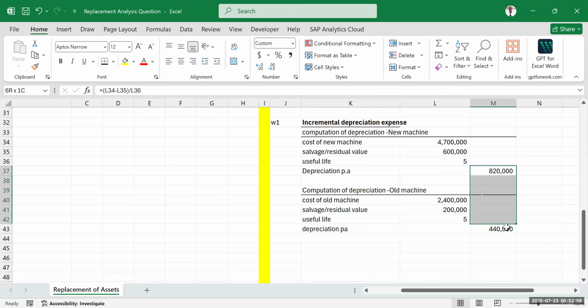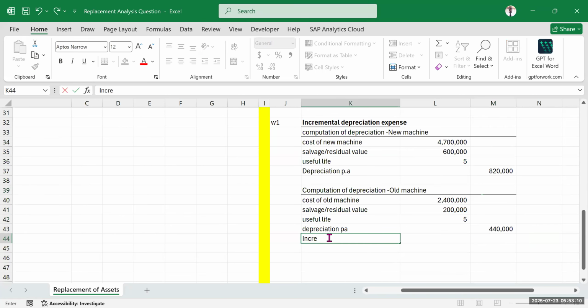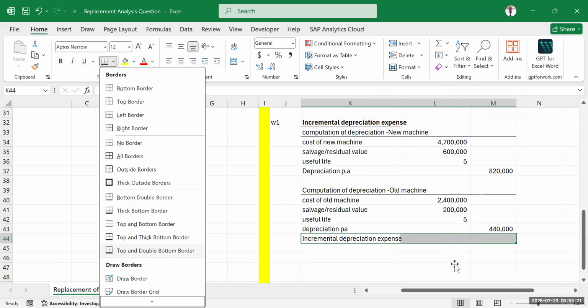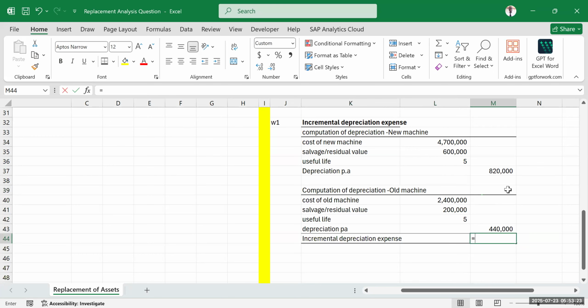Now we compare these two depreciations on the two machines to see by how much our depreciation expense is going to shoot up, going to increase. That's what we call incremental depreciation expense. And we should get it at that point and see how much the depreciation has gone up.